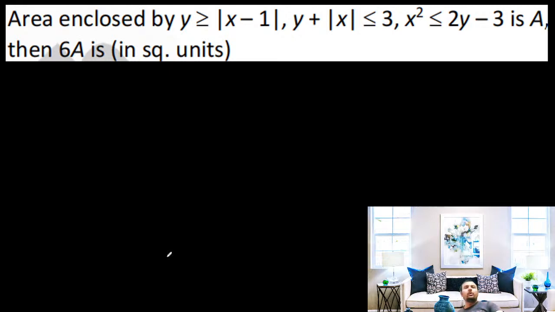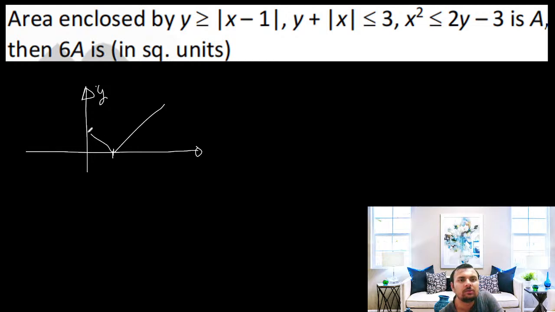Area enclosed by y bigger than or equal to this thing, and y is this thing, and this thing is this thing. x minus 1. Okay, y is bigger than or equal to, that means this side. y equals 3 minus mod x.